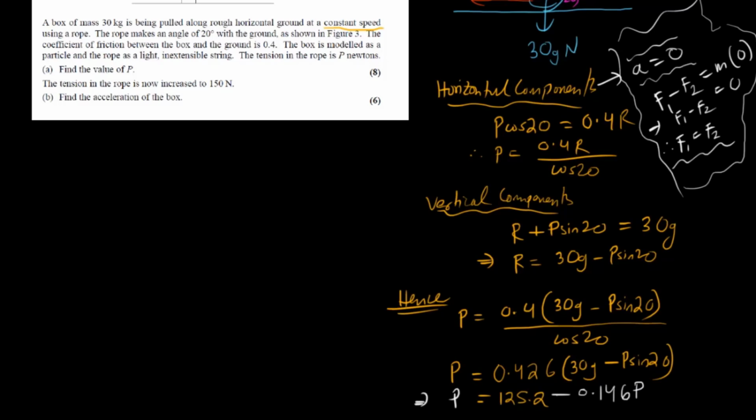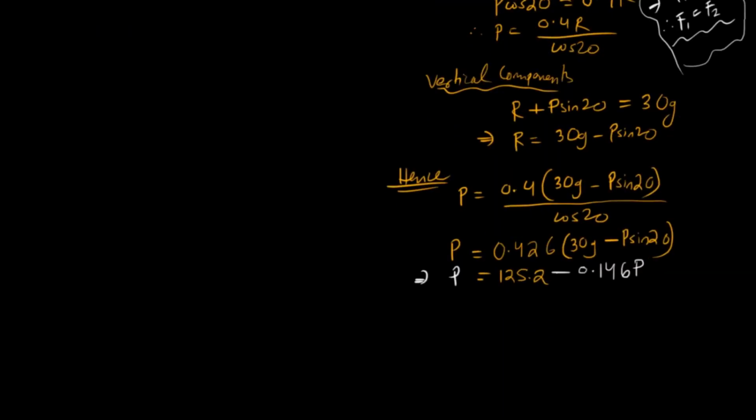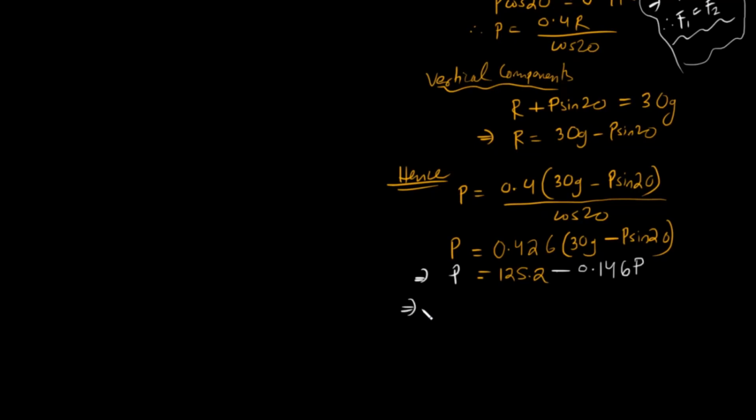So now with this calculation, we can send this P to the other side, and it would be P plus 0.146P equals 125.2. If you add it up, it would be 1.146P equals 125.2.